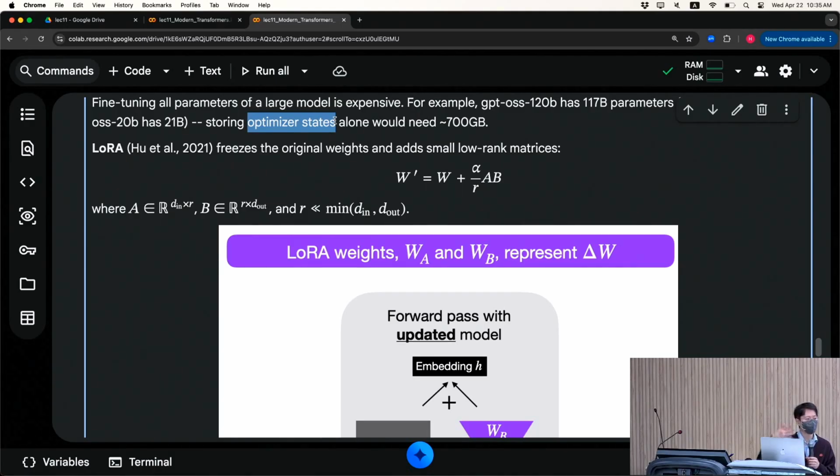You also need to store an equal amount of parameters for the momentum and velocity, and that's easily 3x or 4x of the weights. So even though the parameter count is quite small, maintaining everything in memory becomes quite huge.